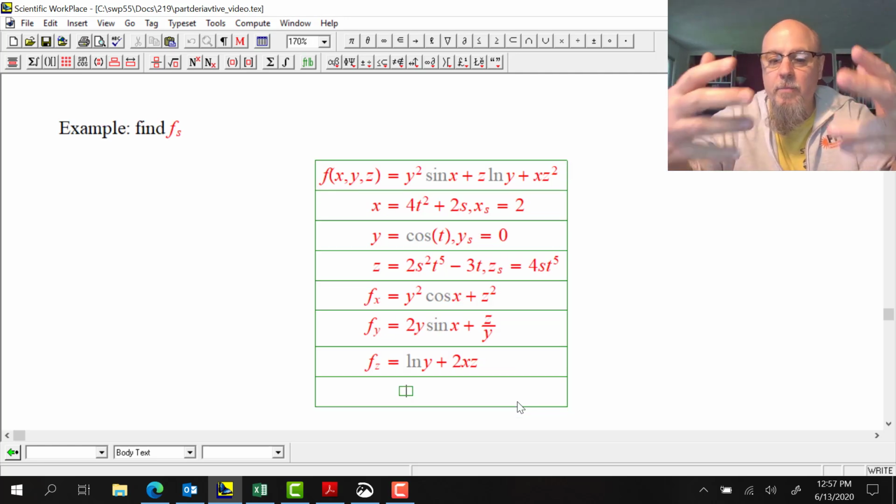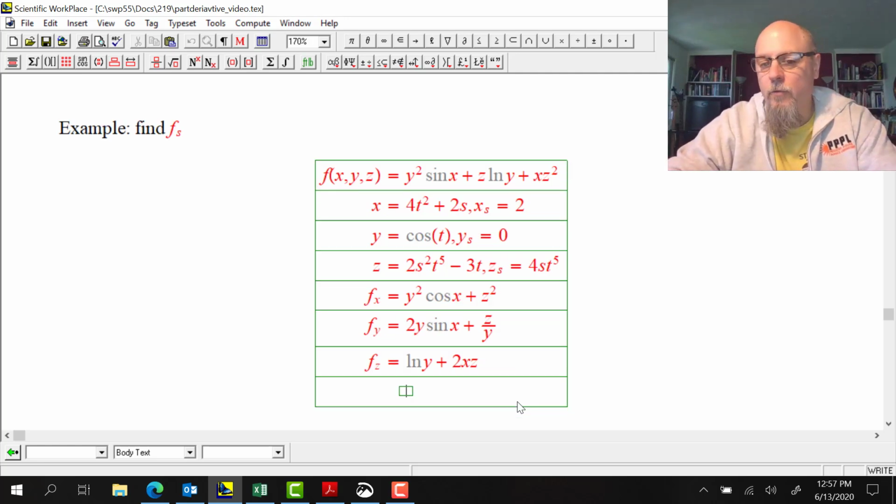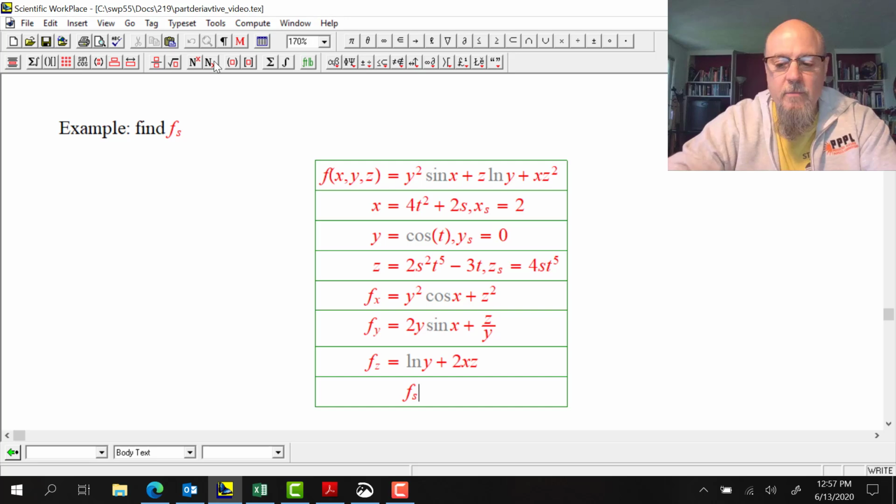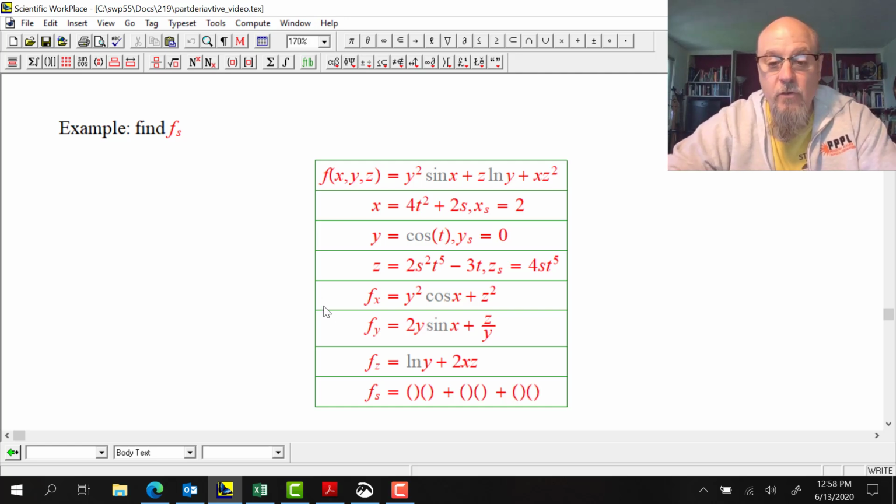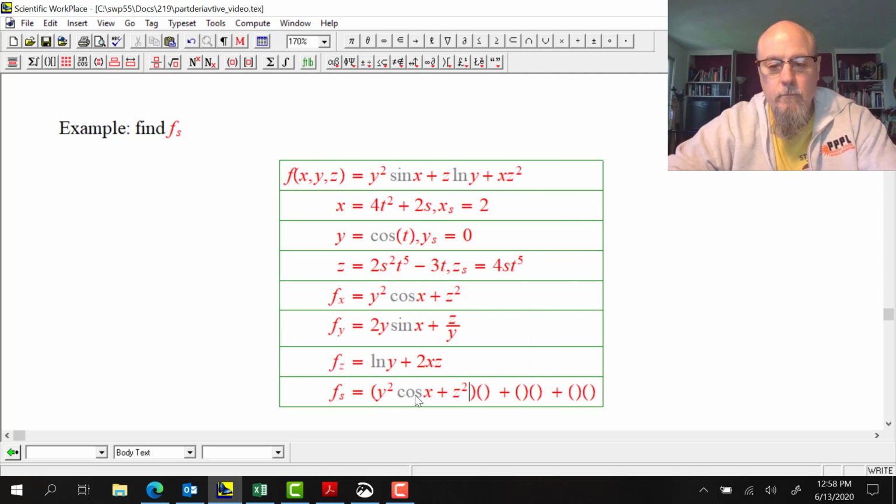So now let's put all the pieces together using the formula that we made on our tree diagram. So f sub s is going to be equal to, we need the x first. The derivative with respect to x, then x with respect to s.